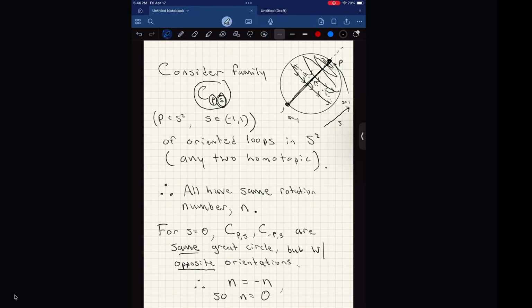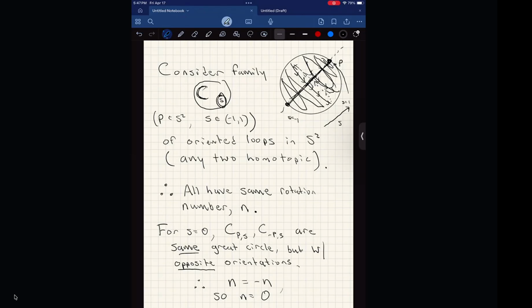I'm claiming that any two representatives of this entire family of oriented loops, the CPS loops, are loop homotopic or regularly homotopic, as I mentioned before. This is clear from this picture if you fix a given P, because you can just change your S. You just move through the S family, and everything is depending continuously, and you have all the tangent vectors that you need.